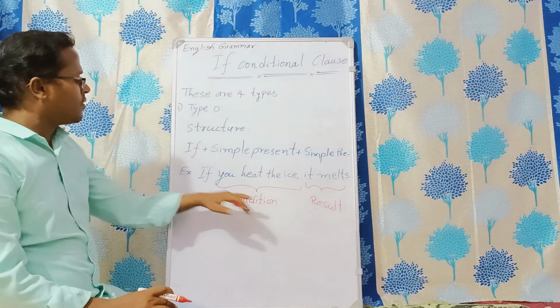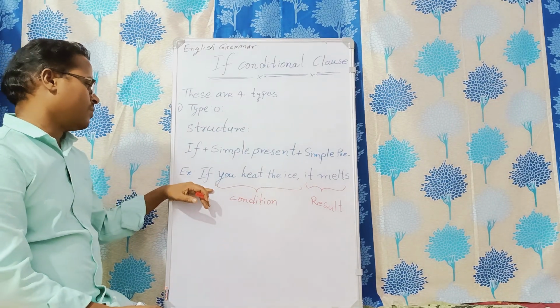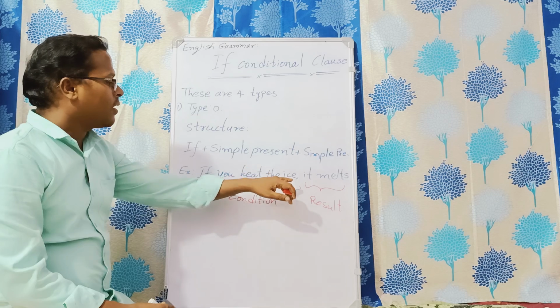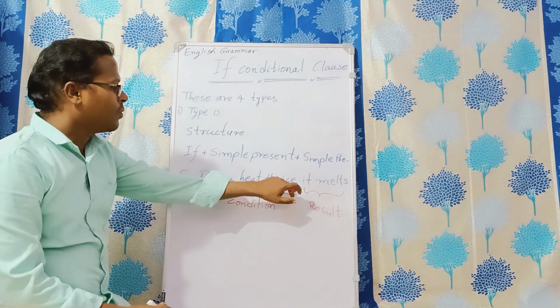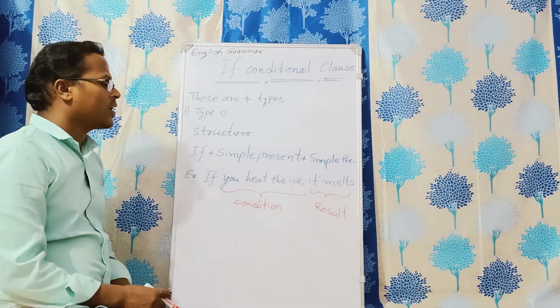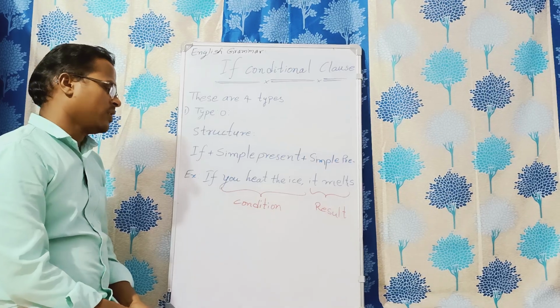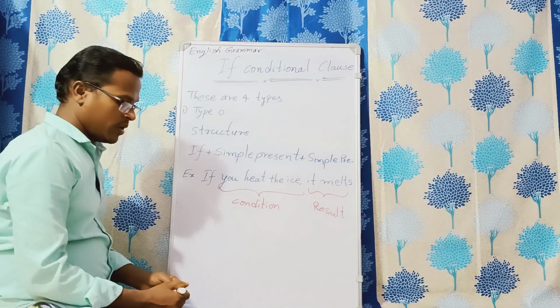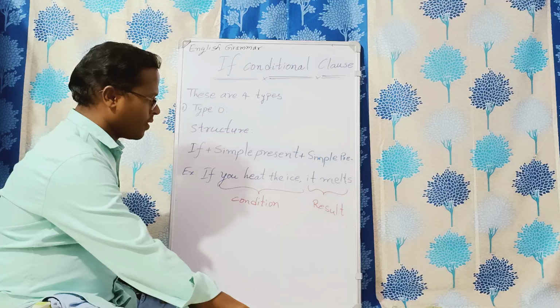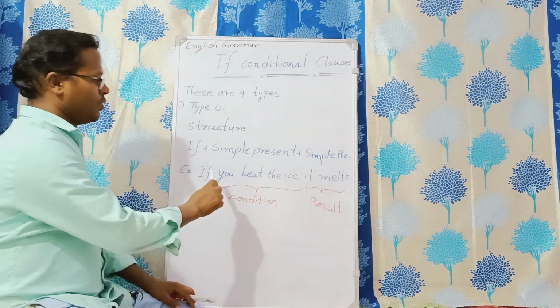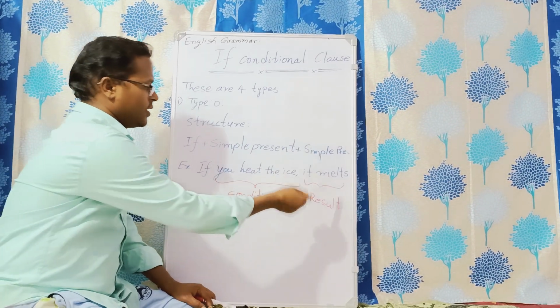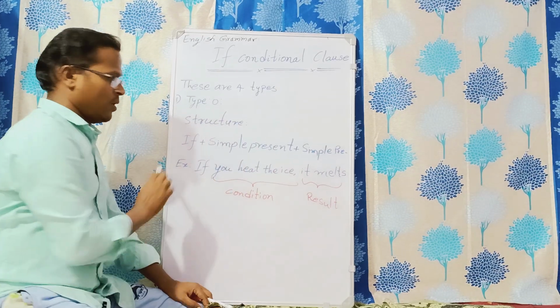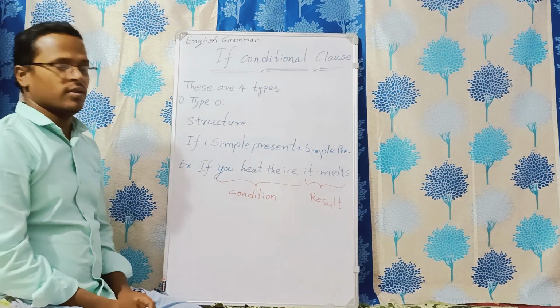Before the condition we are using if. After the condition, by mentioning a comma, we are writing the result. Remember this point: you may change this clause, and this clause you can write before the if clause.